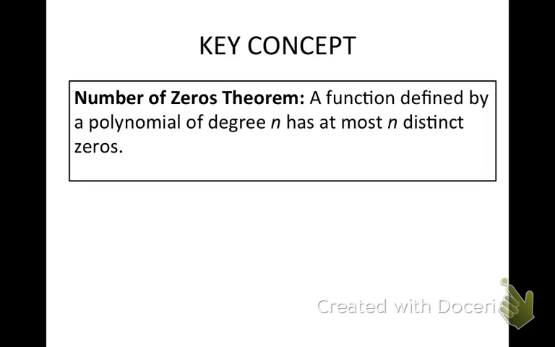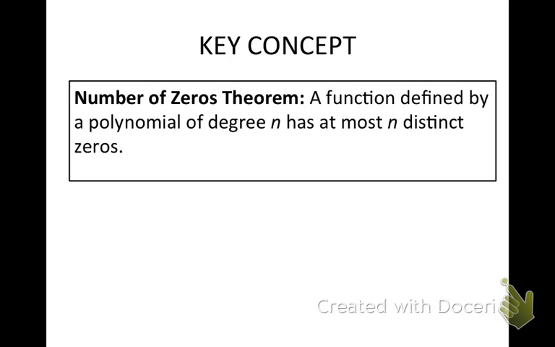So the number of zeros theorem states that a function defined by a polynomial of degree n has at most n distinct zeros. So it's an easy way to check to make sure you're getting all of your zeros covered. So if you look at what the degree of that polynomial is, that's how many zeros you should end up with.